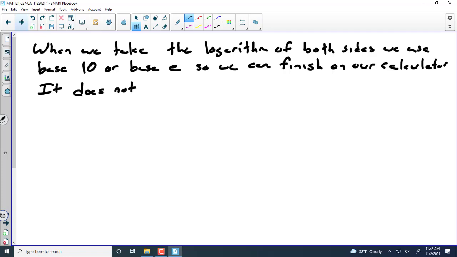It does not matter if you use ln or log.